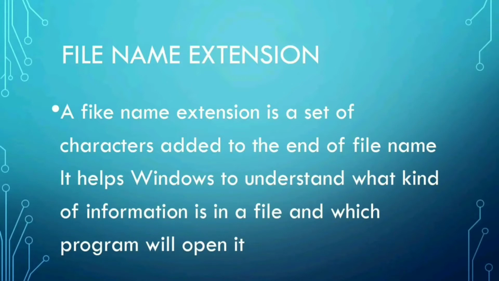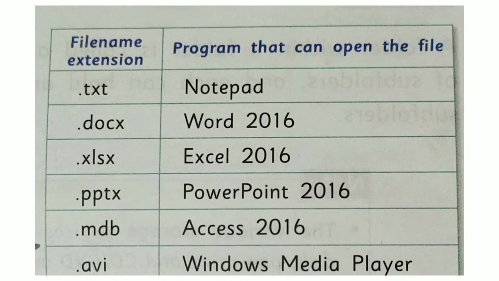For example, the file name extension of Notepad is .txt, Microsoft Word .docx, Microsoft Excel .xlsx, PowerPoint .pptx, Microsoft Access .mdb, and Windows Media Player .avi.